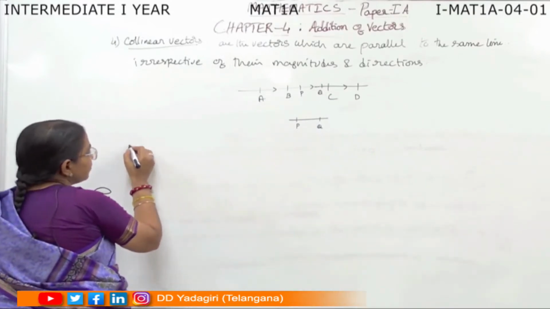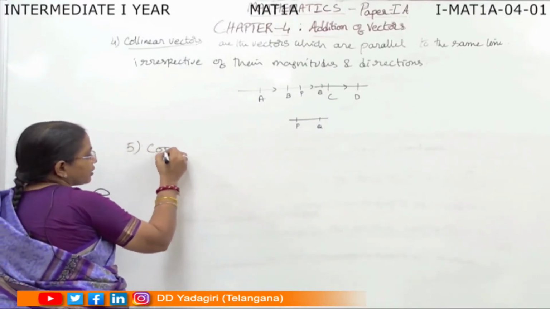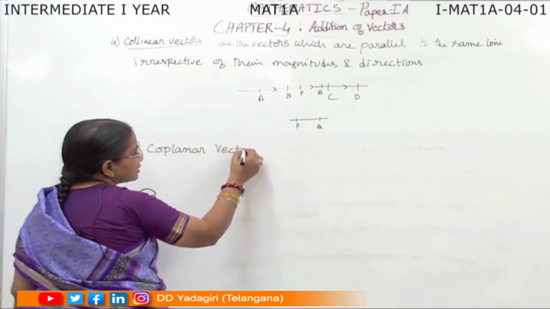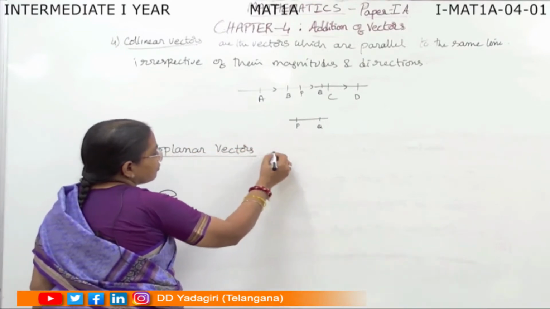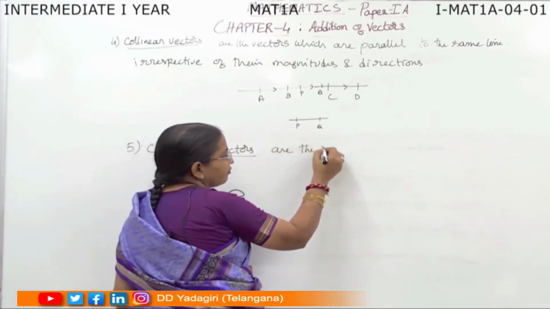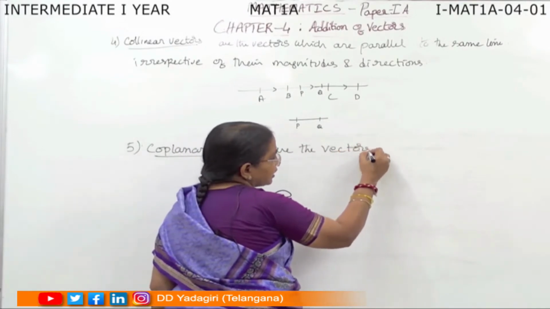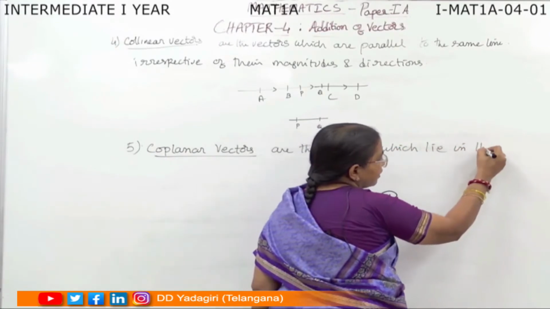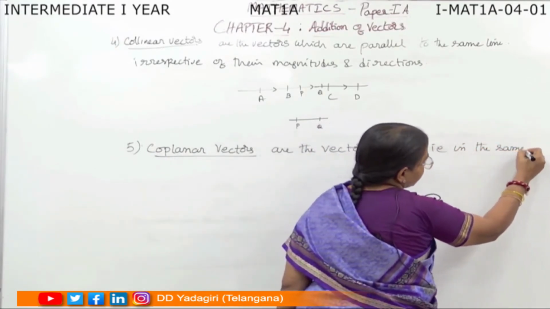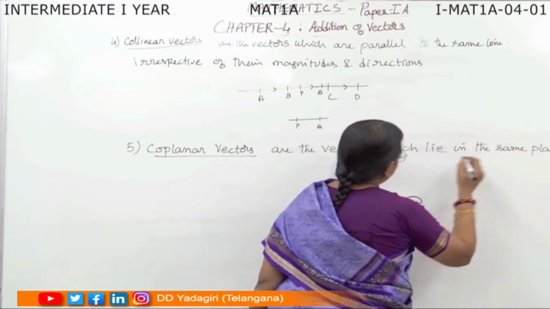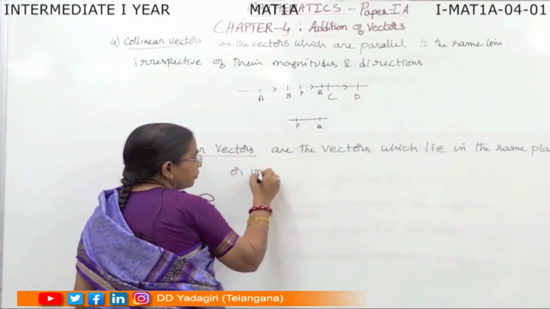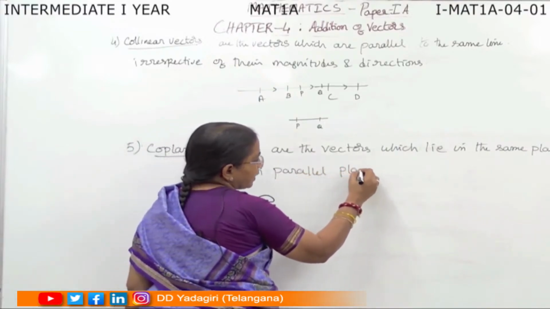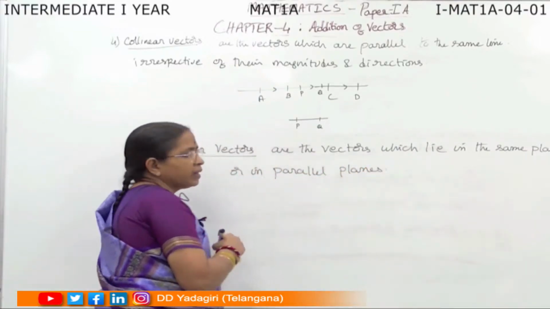The next, the fifth one, is coplanar vectors. Coplanar vectors are the vectors which lie in the same plane, or in parallel planes. Even if they lie in parallel planes, they are considered as coplanar vectors.